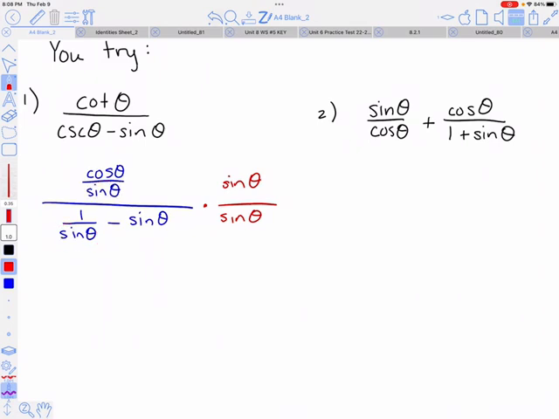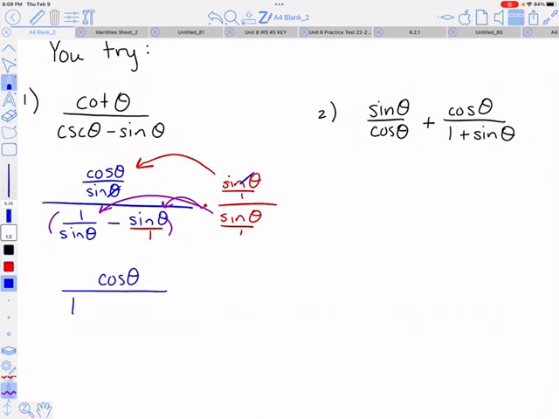So I'm multiplying the top by sine theta over 1, and the bottom by sine theta over 1, so that my sines there will cancel out. Sine cancels out, leaves cosine. So this is me simplifying my complex fraction. And down below, I'm distributing into each term. So sine theta times 1 over sine theta is going to give me 1. And sine times sine is going to give me sine squared theta.